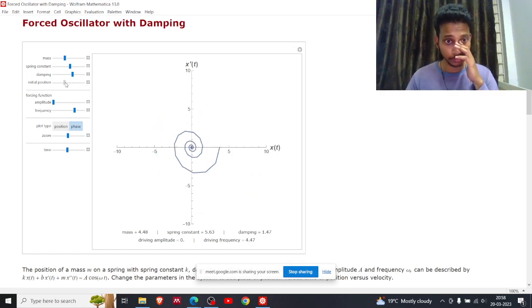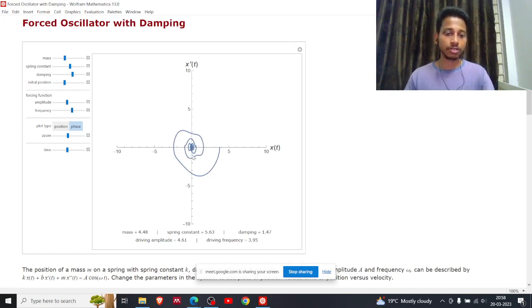But now if I increase the amplitude, we can see that the nature of the parametric plot is changing. So in this way you can see and visualize the effect of the parameters on the forced oscillator with damping. So this is a CDF file which can be downloaded from the Wolfram.